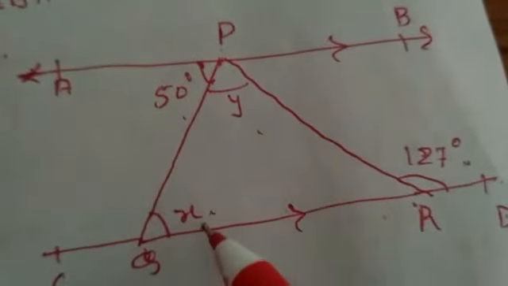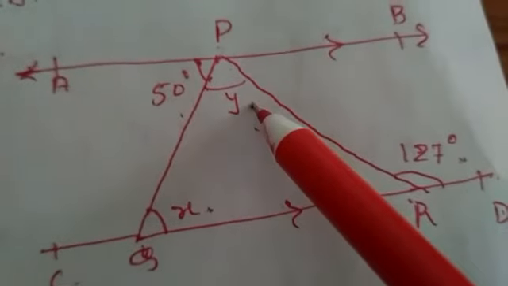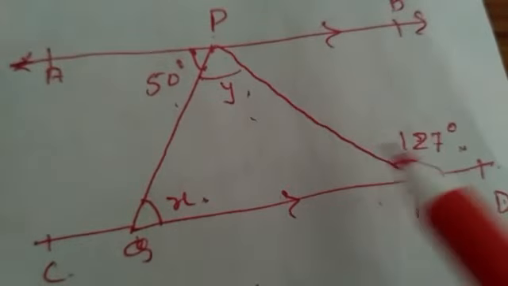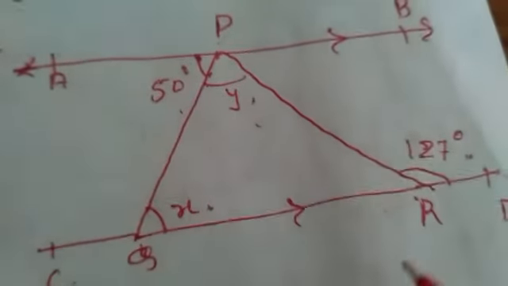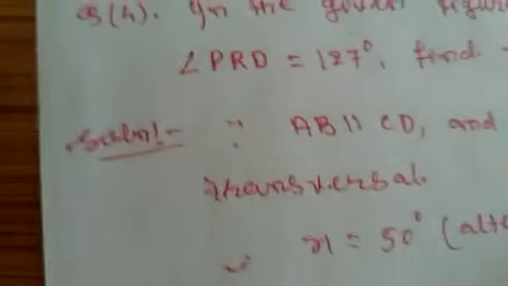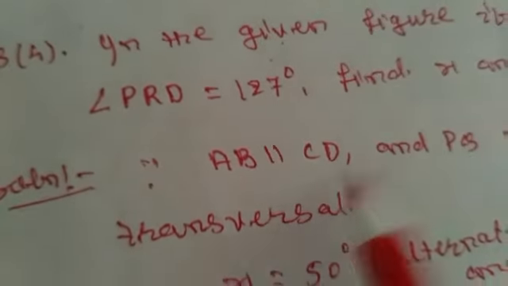This is the question. You need to find the value of X and Y, and here line AB is parallel to line CD. So let's see how this question can be solved. In this question we have AB parallel to CD.